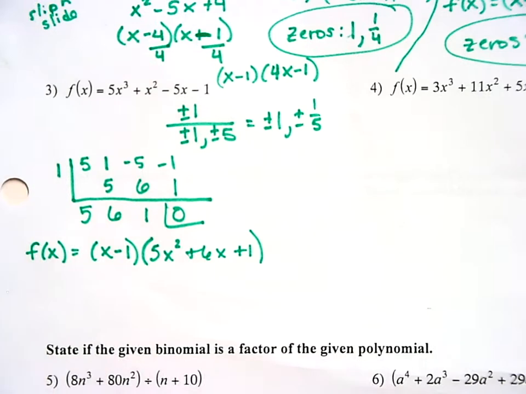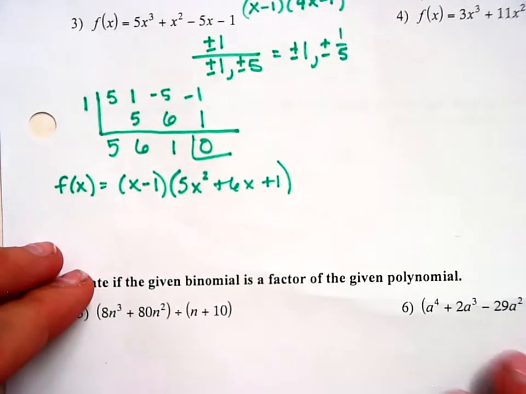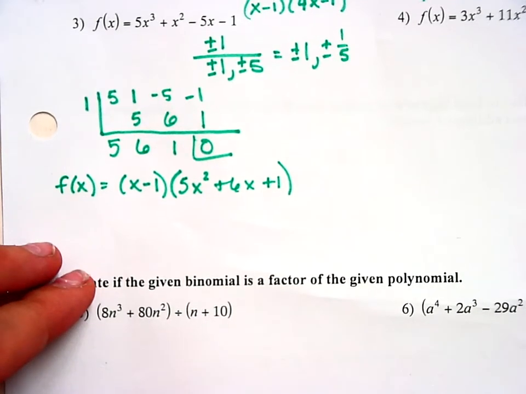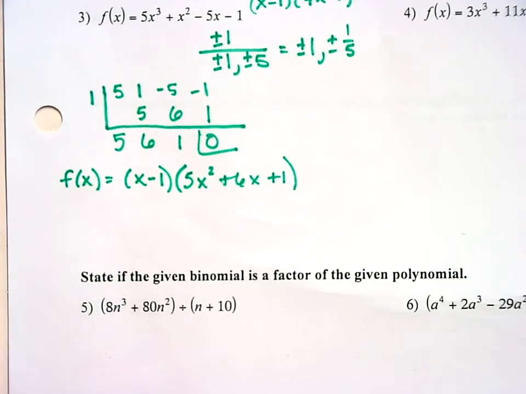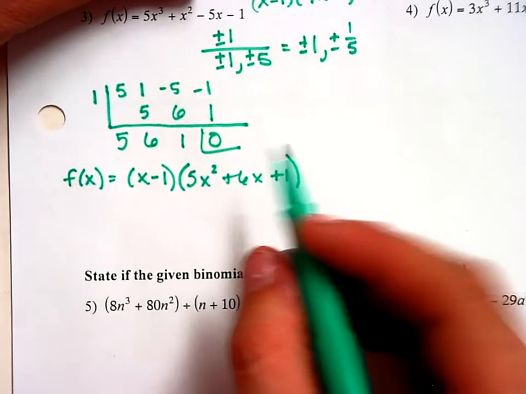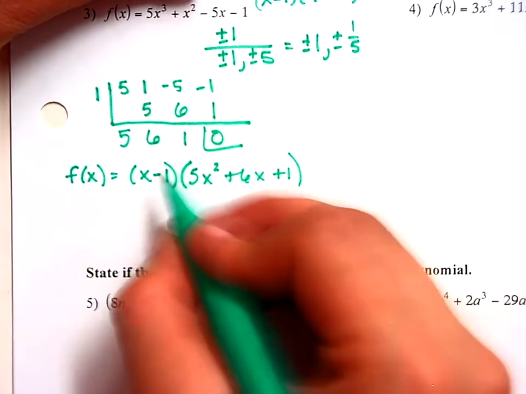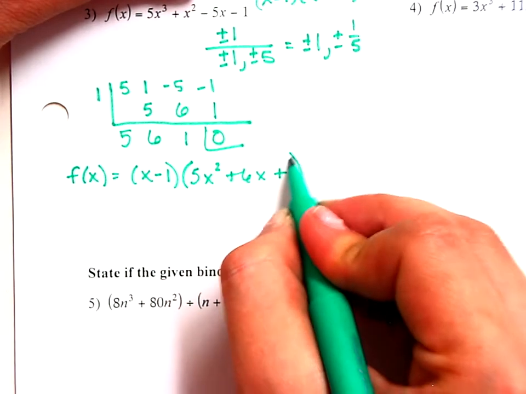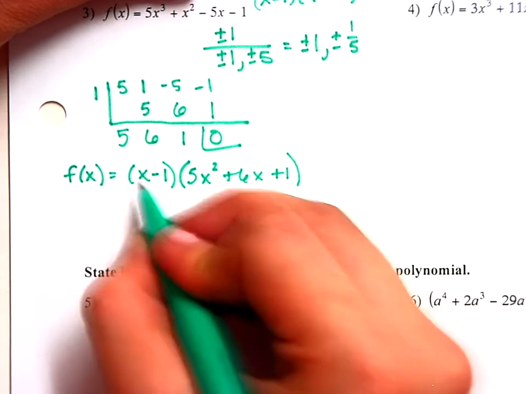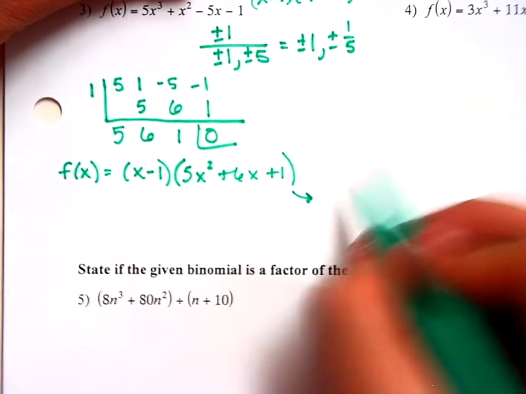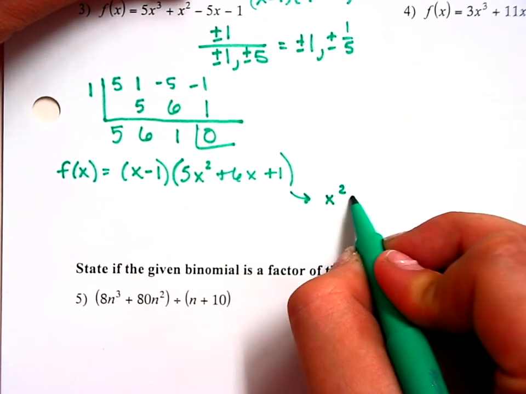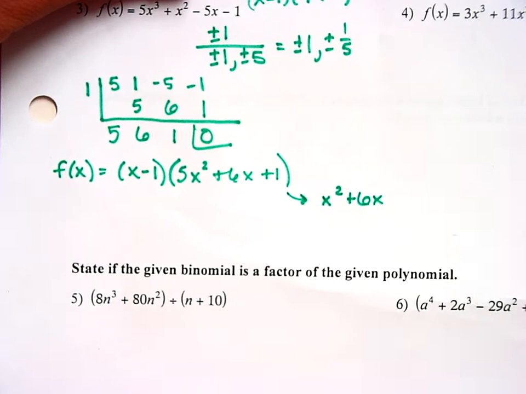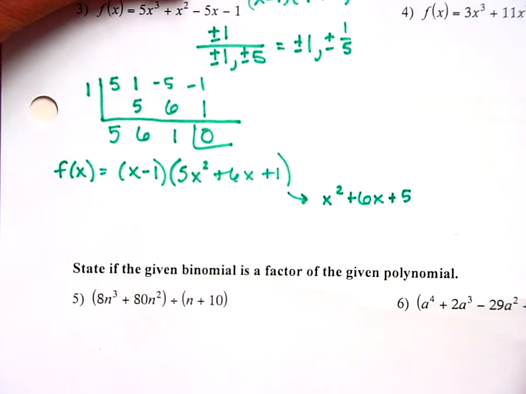Okay, so this one, I'm probably going to have to do a slip and slide. You, again, could use the quadratic formula, but I don't usually like to use it if I don't have to. So with this one, we're going to use slip and slide. So we're going to multiply our 5, our a, and our c value. So let's kind of do this off to the side. This is x squared plus 6x, and then plus 5.